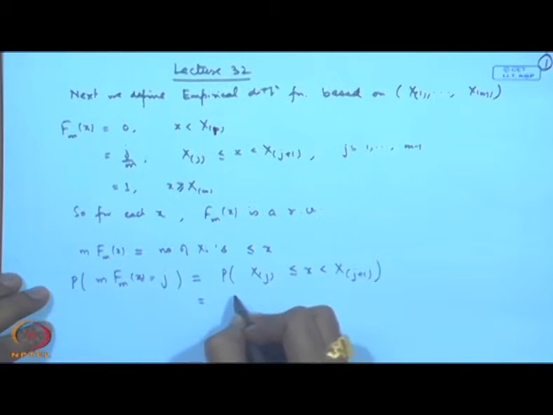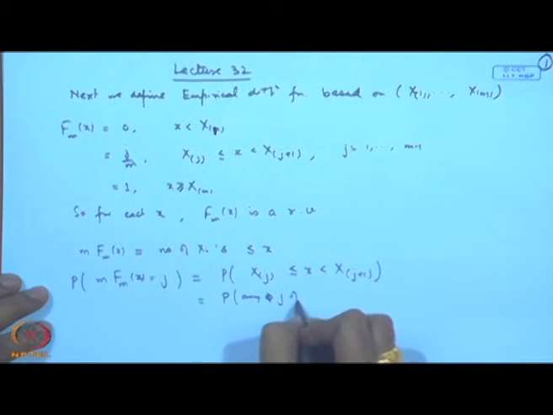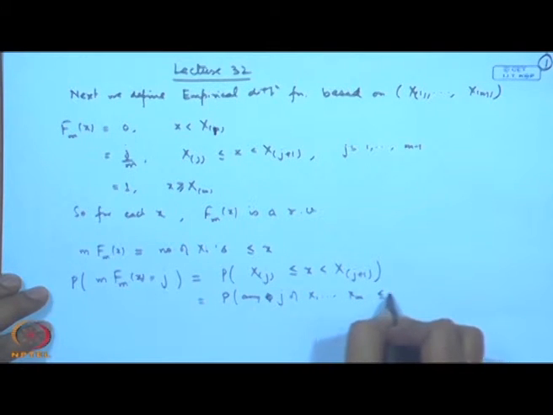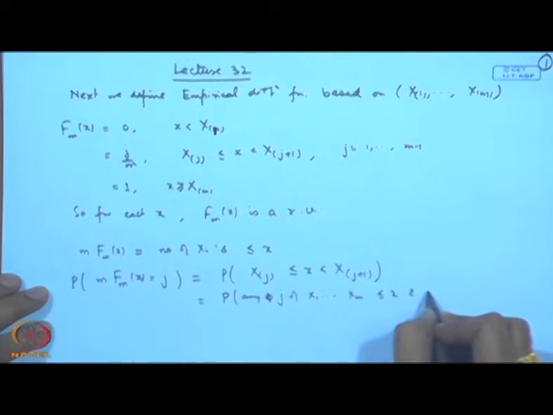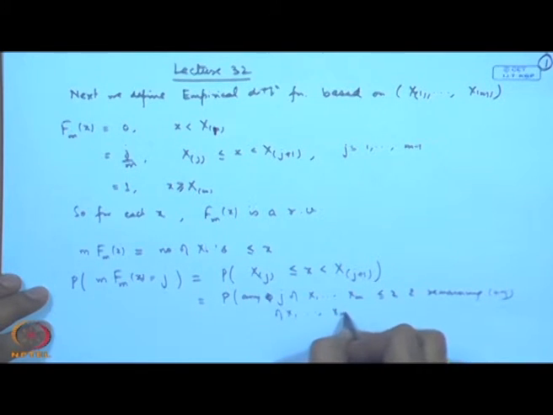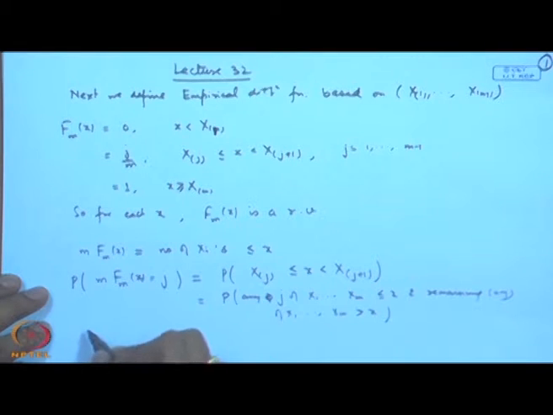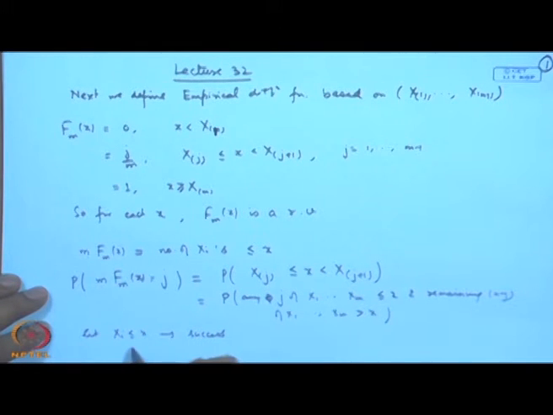Here we can say this is the same as the probability that any j of X1, X2, ..., Xm are less than or equal to x, and the remaining m minus j of X1, X2, ..., Xm are greater than x. Okay. So, if we consider the event Xi less than or equal to x, suppose this denotes a success and Xi greater than x to be a failure.